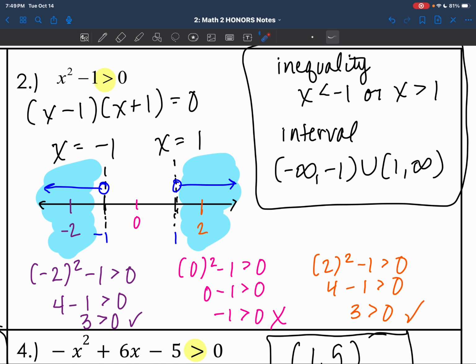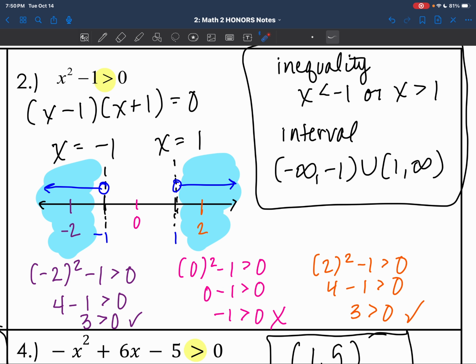So remember, these are open because there's no equal part to it. All right, so now let's write an inequality. So your inequality says that x is going to be less than or equal to -1, or x is going to be greater than 1.